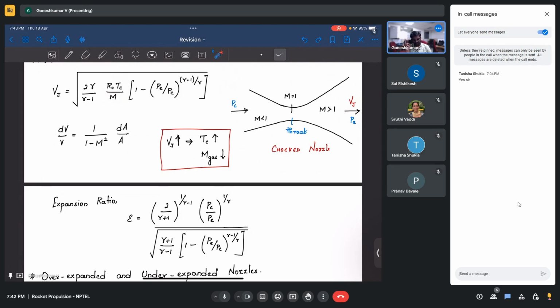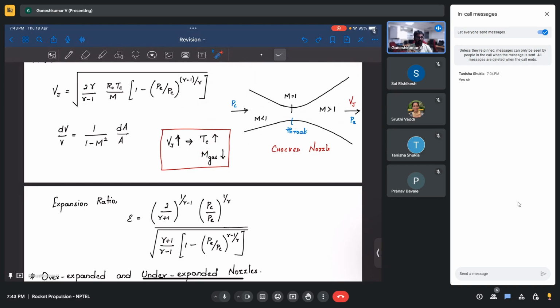The reason is, if you increase the chamber temperature, you have high energy at the inlet, and you can convert it into very high kinetic energy. So basically, if you increase the Tc, you have high thermal energy. But what is the deal with the molecular weight of the gases?